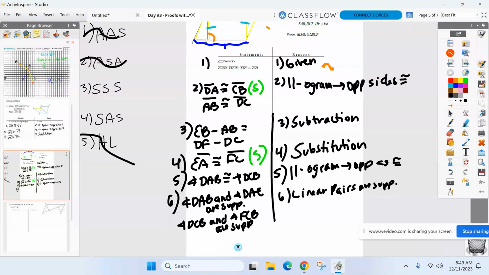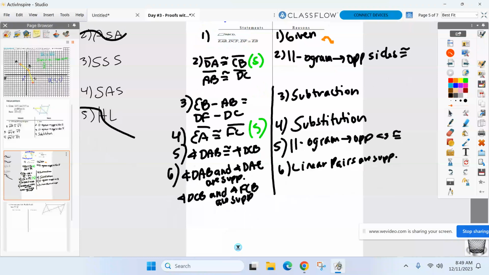Then you can tell me the supplements. The ones in the triangles are now equal. Angle DAE congruent to angle FCB. And that theorem was supplements of congruent angles are congruent.